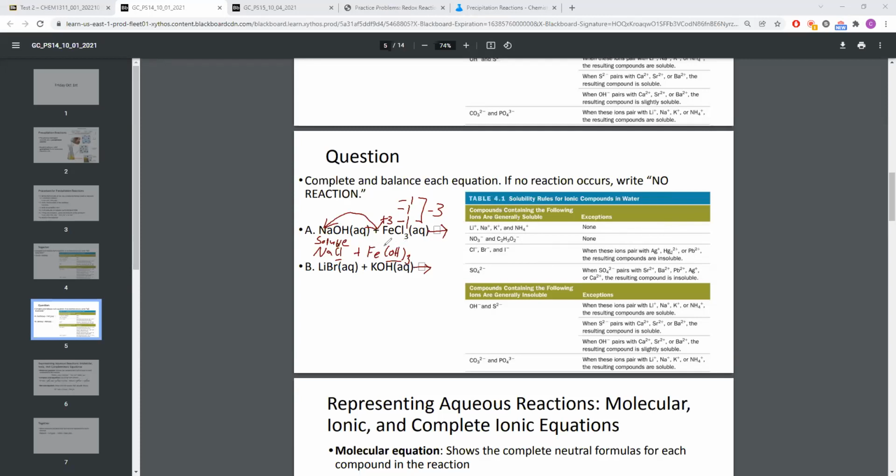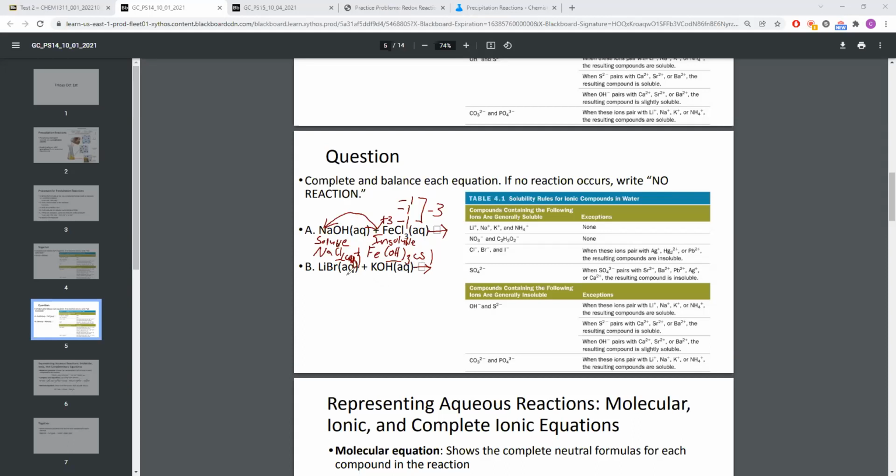So this is insoluble. Iron is not one of our 6. So our reaction is NaCl aq, aqueous meaning dissolved in water or soluble, plus iron hydroxide solid.